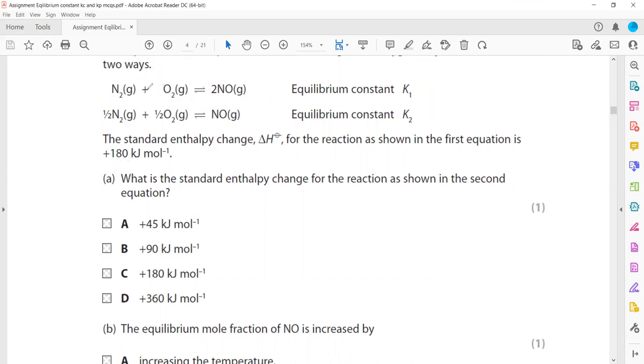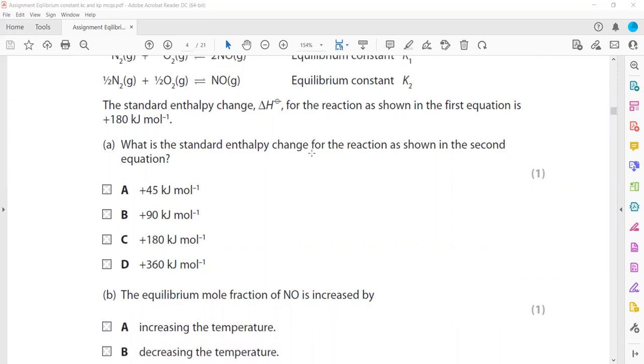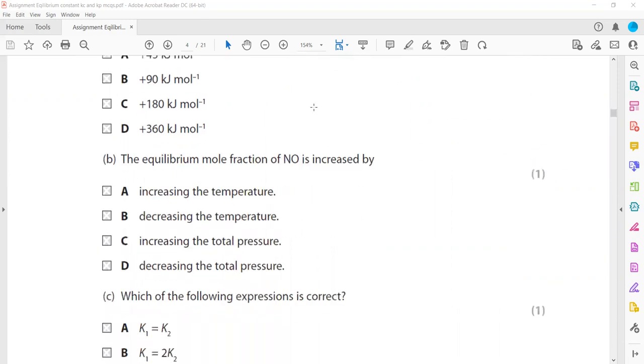The pressure does not have any effect on this. Why? Because here it is 1, 1 and 2, or half, half and 1. If the number of moles of gaseous reactants and products are the same on both sides, there is no effect of pressure. So the equilibrium is not affected by a change in total pressure for this example.